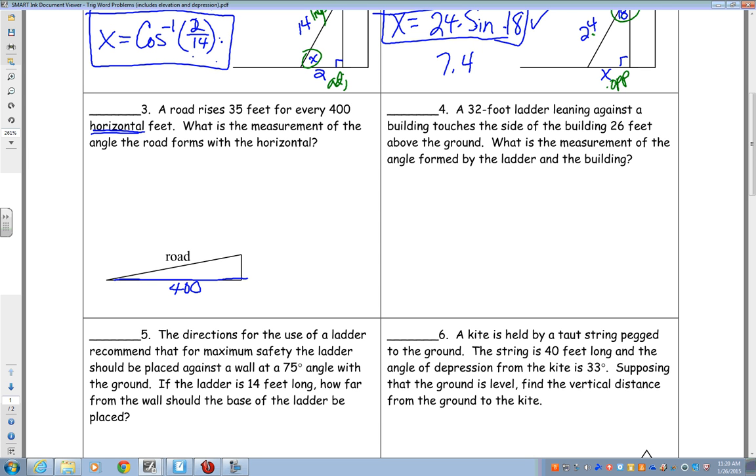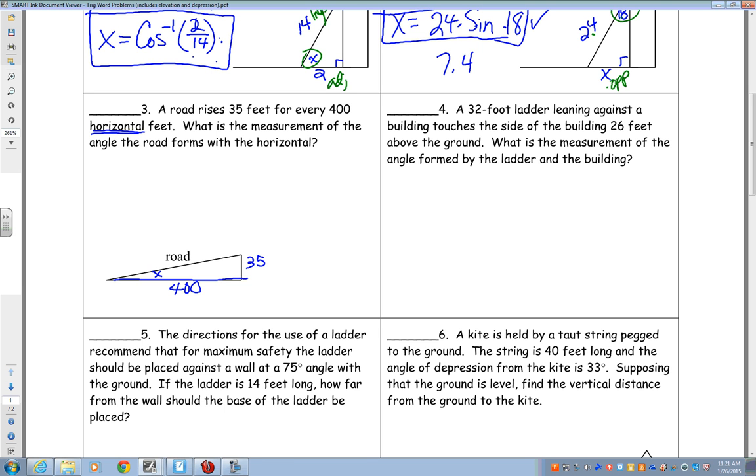But 35, it rises 35 feet. Yeah, so this is the vertical. The road would be the hypotenuse. So it's like thinking your slope. Rise over run, okay? So we're trying to find the angle that the road forms with the horizontal. That is going to be here in the bottom left.